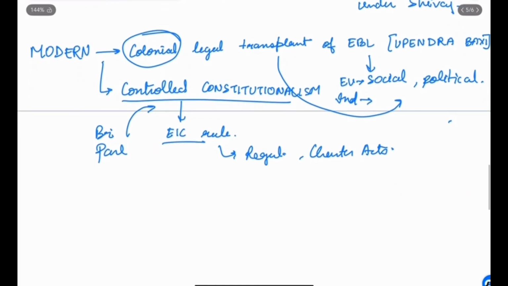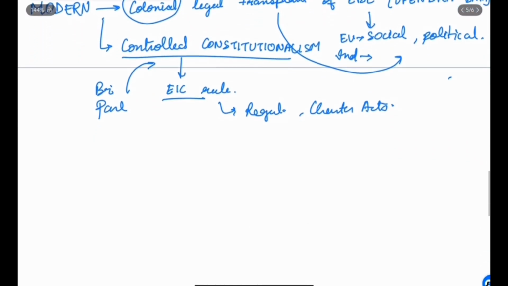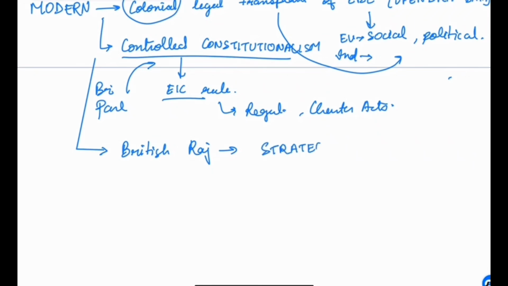Now, later when the Crown gained the power, under the British Raj, as we call it, strategic constitutionalism emerged.